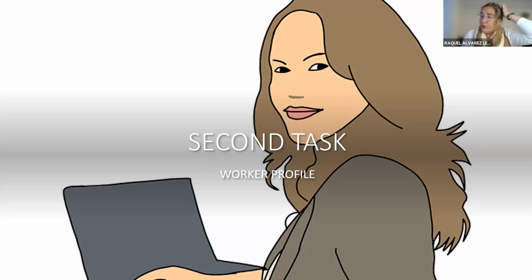But probably also, if you have a medium-sized company, you are going to need perhaps 5 different profiles in different posts. So I'm going to explain later, while I am introducing the second task, what you have to do talking about worker profiles.